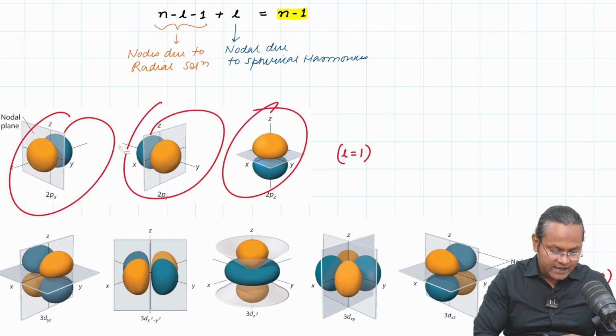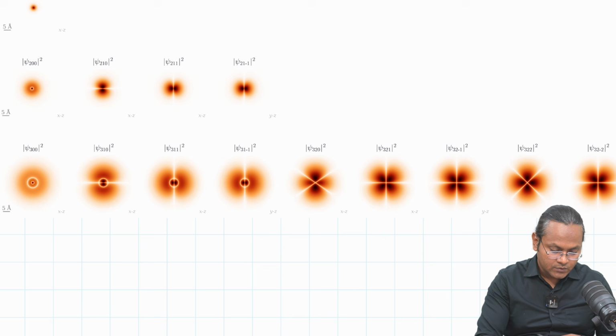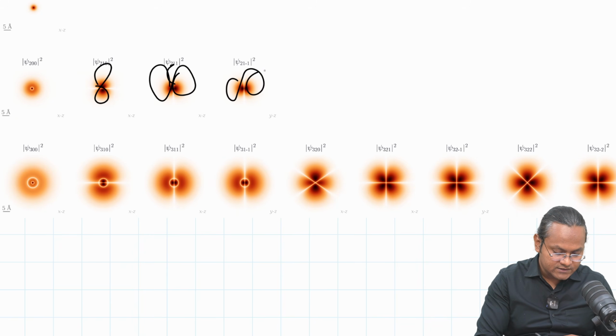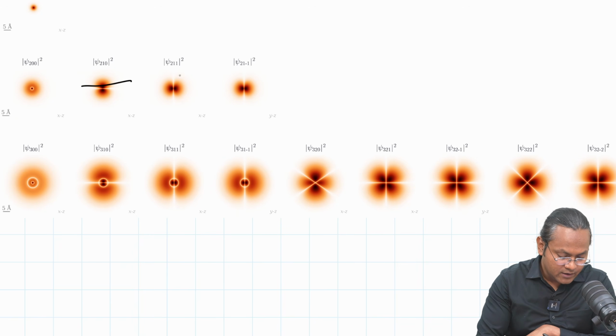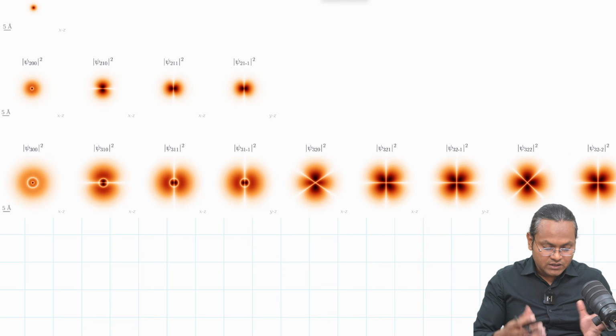So you effectively get these dumbbell-shaped distributions, like this and like this. And these white lines represent the nodal surfaces where the probability density has to be 0. And therefore, you end up getting these dumbbell-shaped structures.